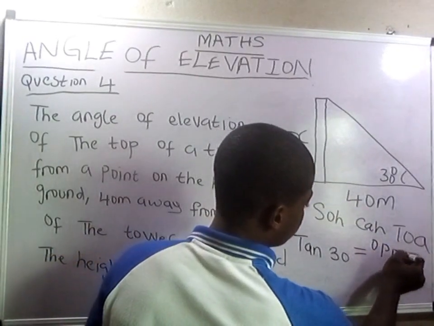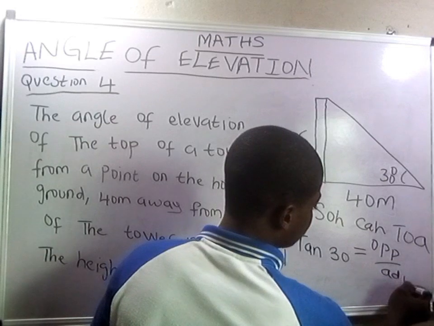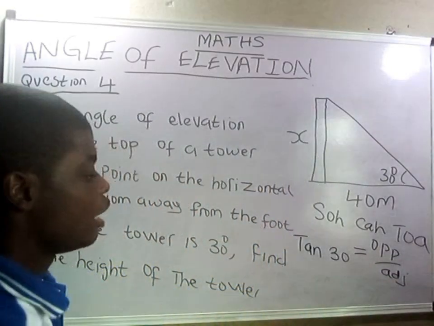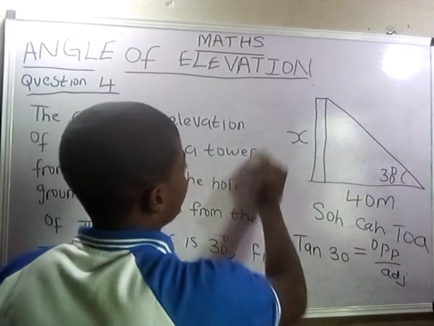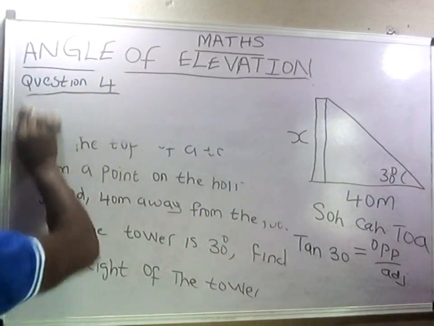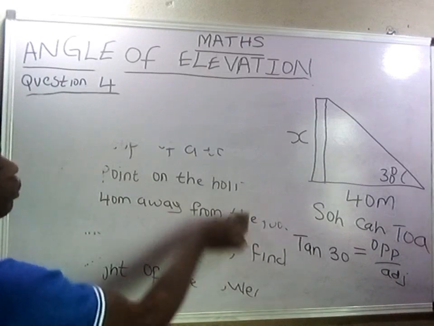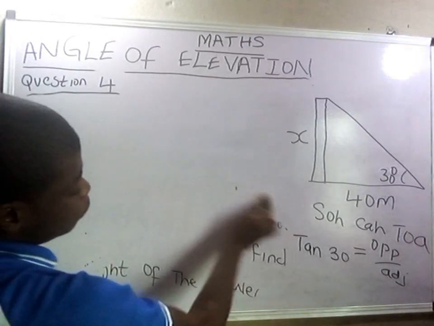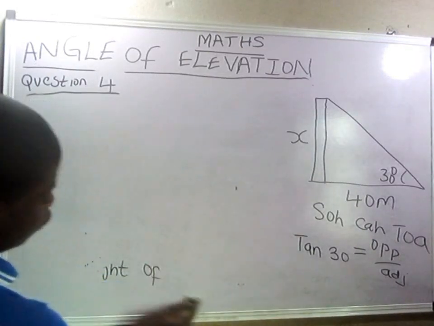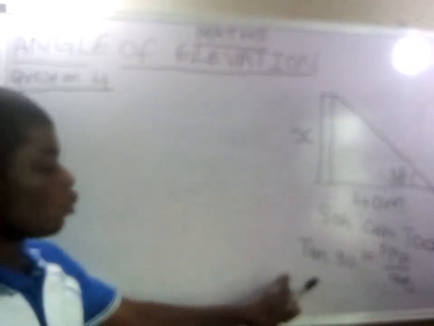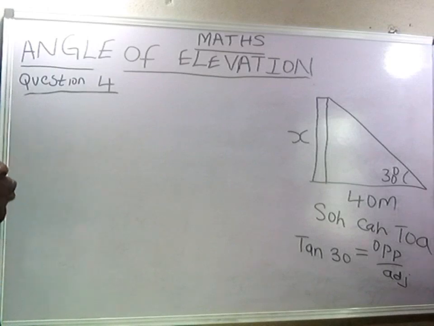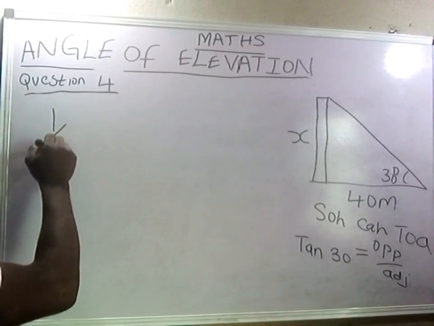opposite over adjacent. Let me clean this side so we can solve it more easily, because we already interpreted the question. And tan 30 is a special angle. Tan 30 is 1 over root 3.